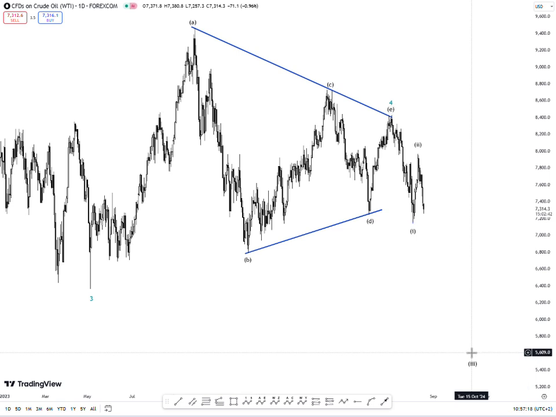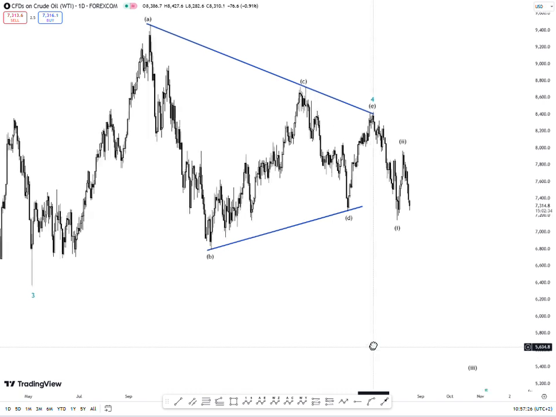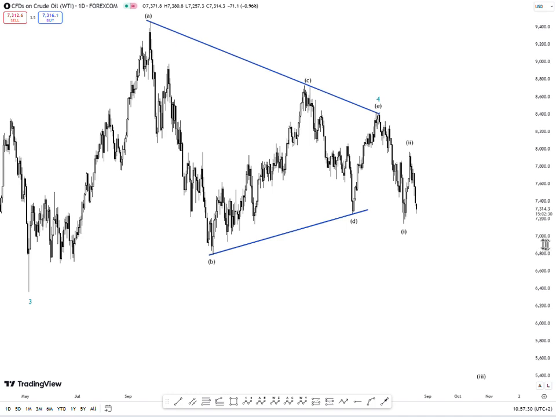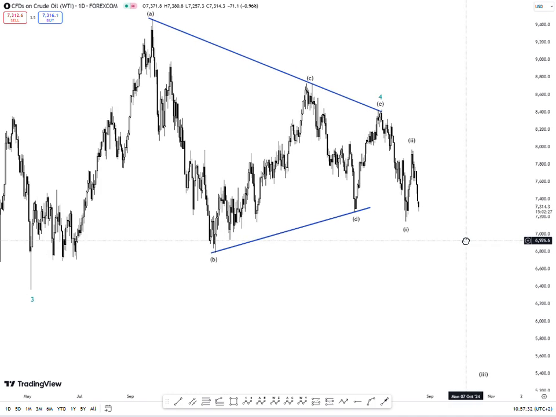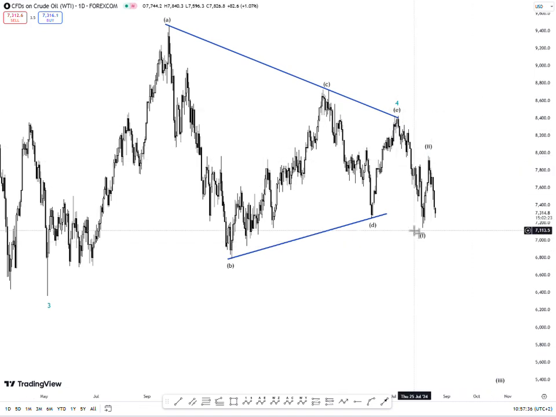And if this is the situation, we might assume a big move may be on the way. How so? If this is 1, 2, then we know that if you play this game, you wait for wave 3.